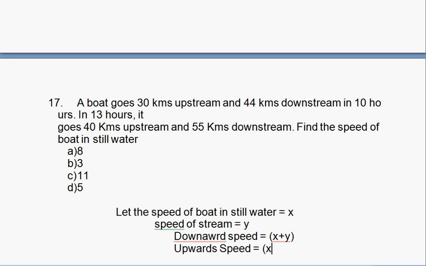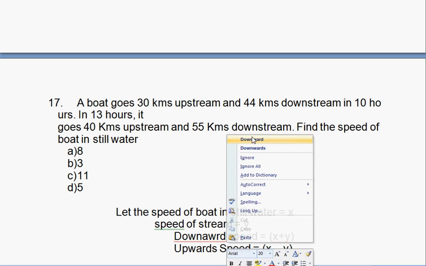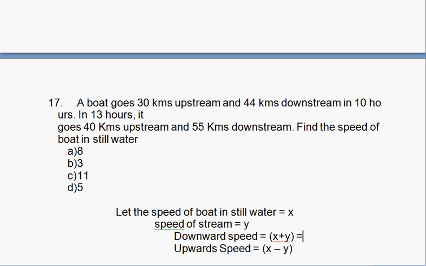When the boat is going upwards, it is going against the direction of the stream, so the speed decreases and it becomes x minus y. And when it is going downwards, it is going in the direction of the stream, so it is x plus y. Let it be x and y for the time being.